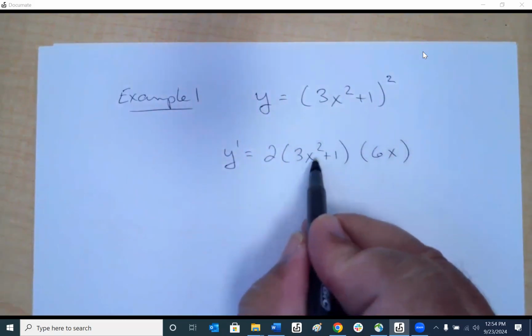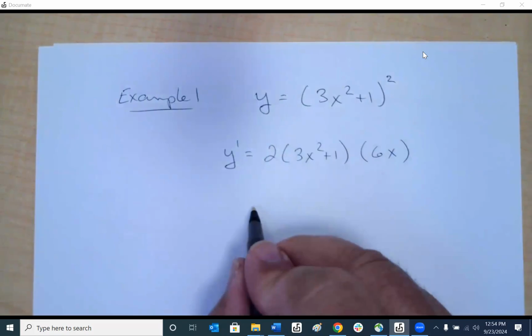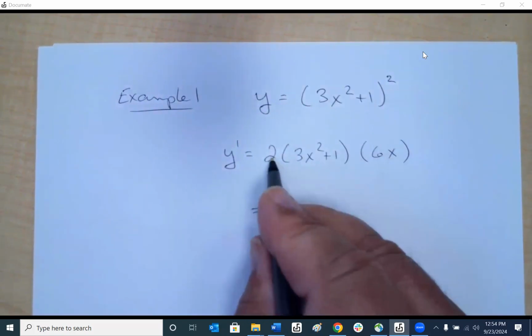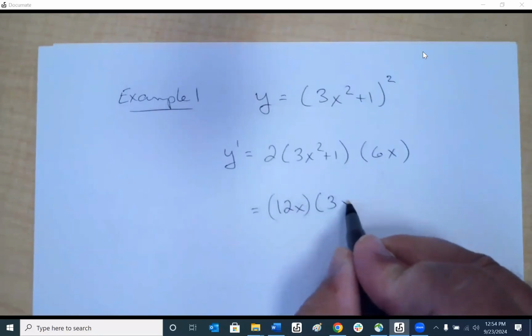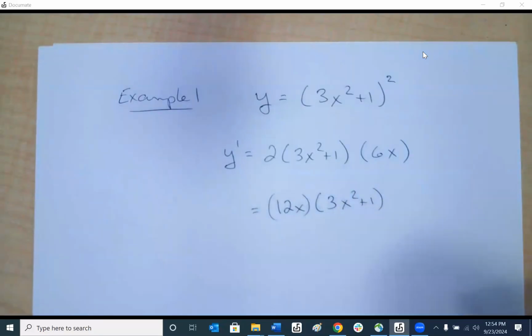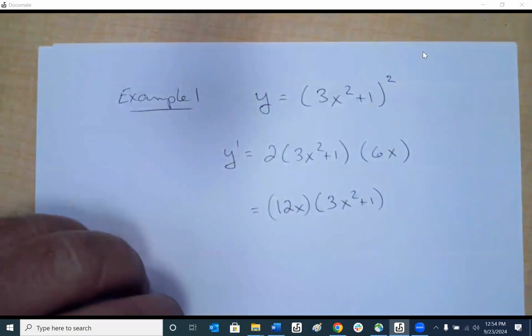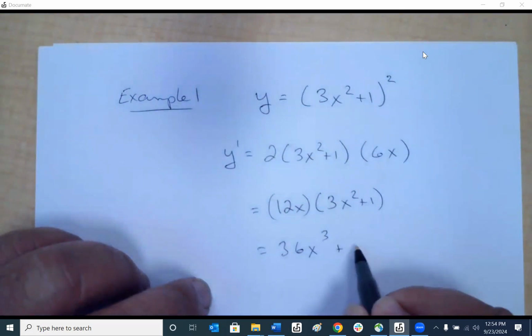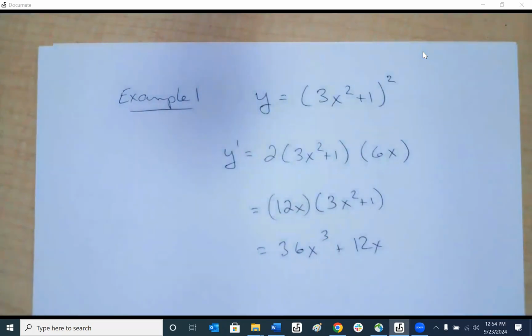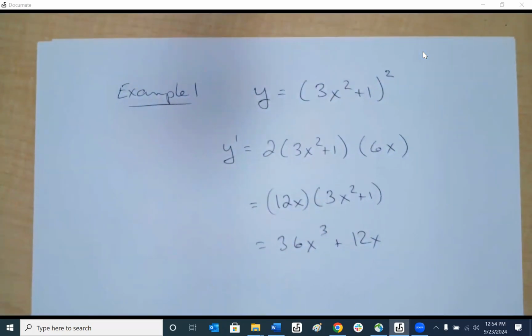Yeah, the derivative of 3x squared is 6x. So the answer is going to be 2 times 6 is 12x times 3x squared plus 1. You could, of course, distribute all those, get rid of the parentheses: 36x cubed plus 12x. And that's your derivative.